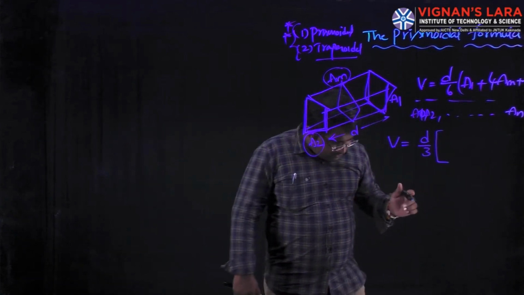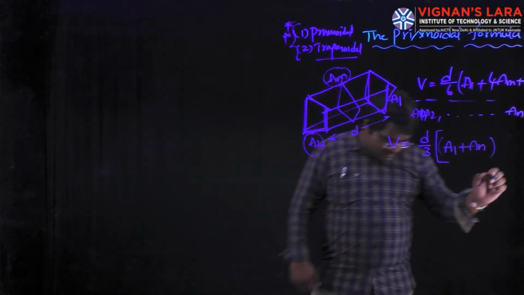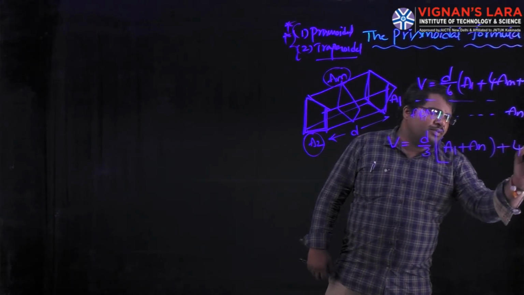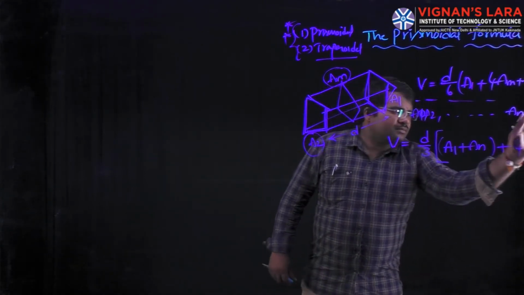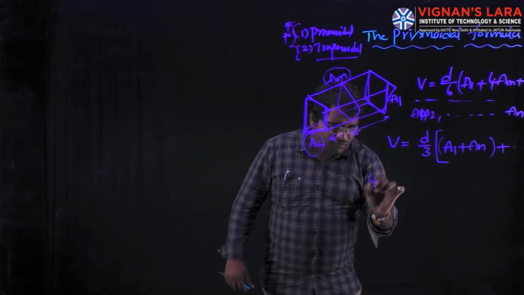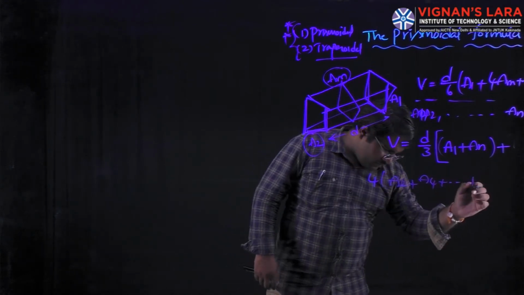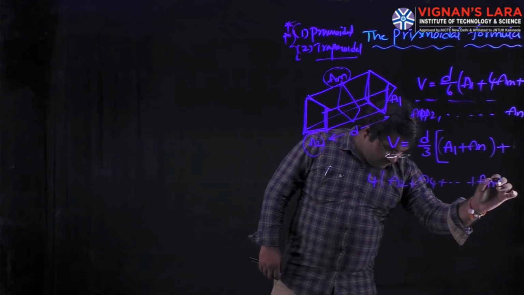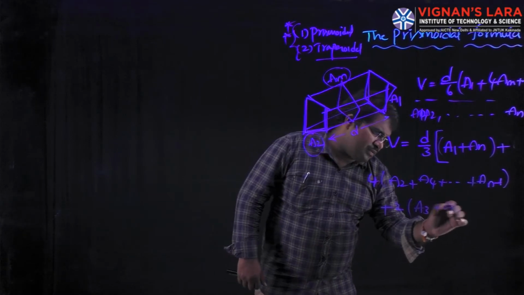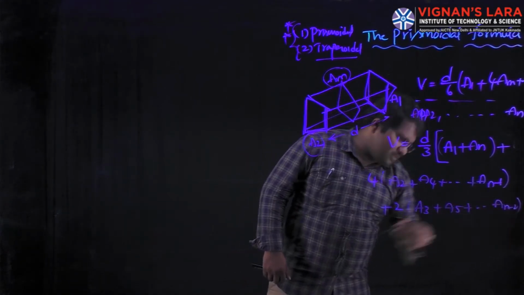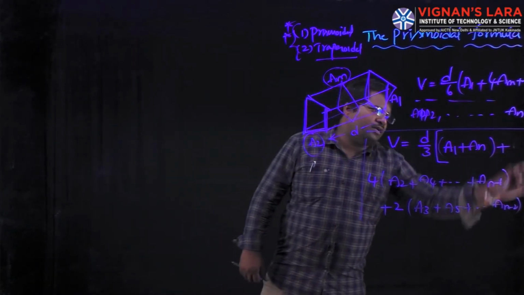So V = d/3 into, instead of ordinates, we use areas: (A1 + An) + 4 into the even areas (A2 + A4 + and so on up to An-1) + 2 into the odd areas (A3 + A5 + and so on up to An-2). This is the formula for prismoidal volume calculation.